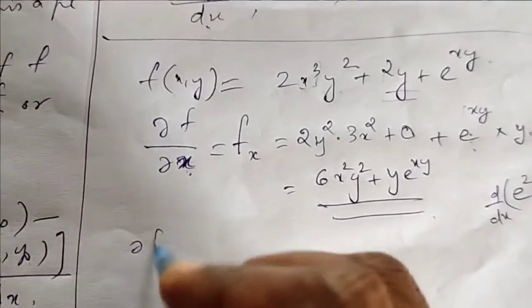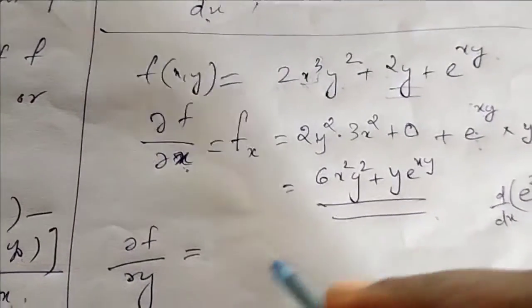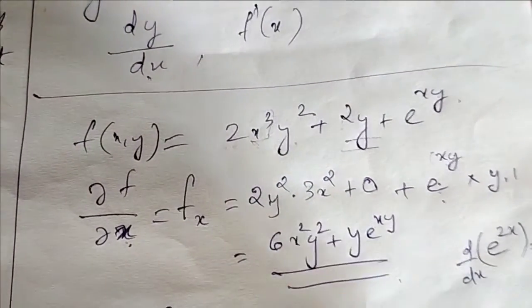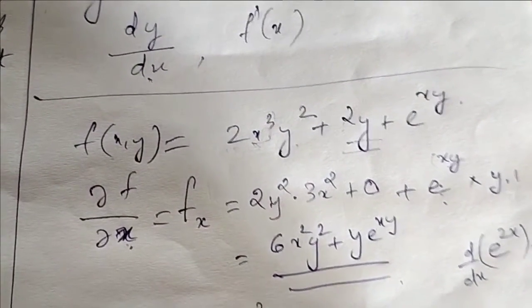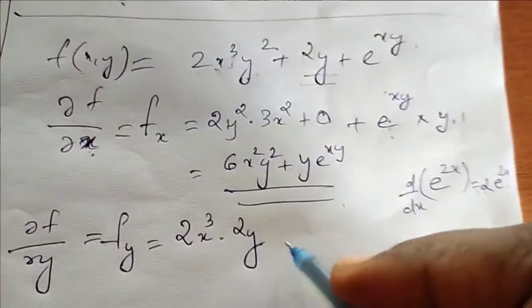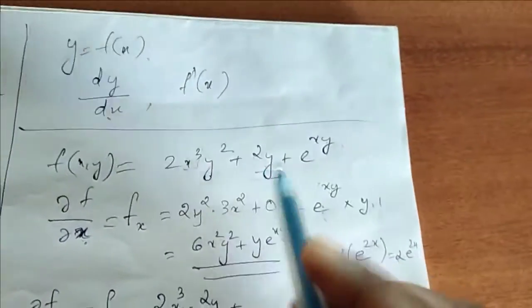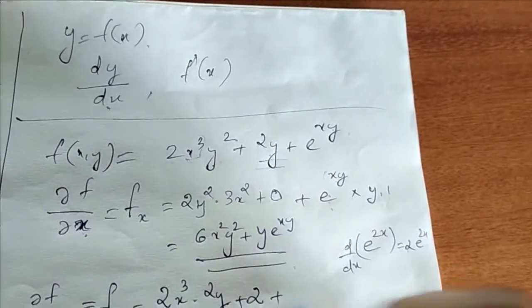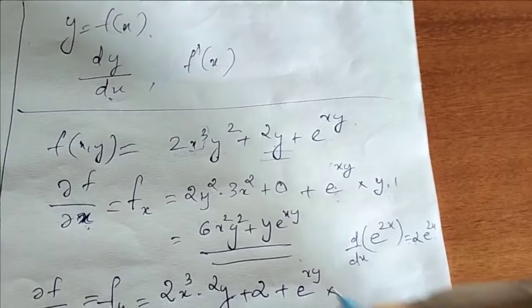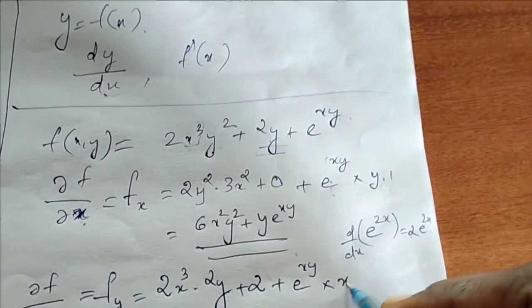Then what's the derivative with respect to y? Dou f by dou y. It is fy. And then what's the derivative of this one with respect to y? Which are constants? 2 constant, x cube constant. Then the derivative of y square is 2y. Plus the derivative of 2y with respect to y is 2. The derivative of e raised to xy with respect to y is e raised to xy into, which is constant? x is constant.